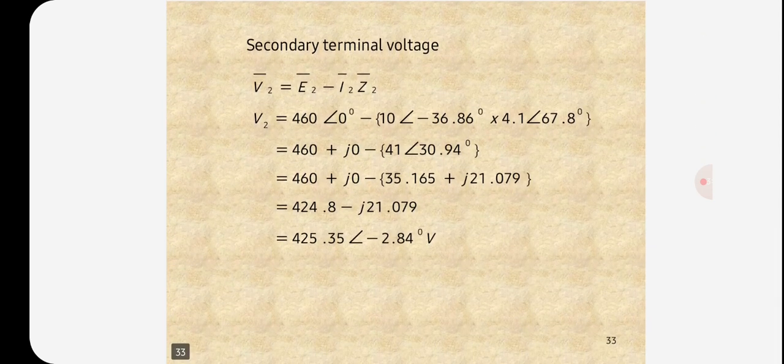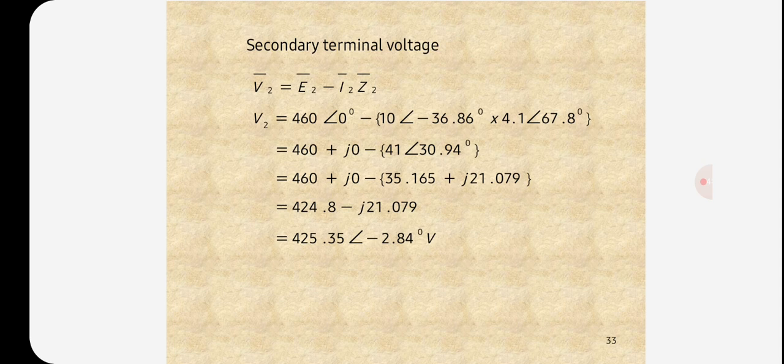And the secondary terminal voltage V2 is equal to E2 minus I2 Z02. So here V2 is equal to 460 angle of 0 degrees minus 10 angle of minus 36.86 into 4.1 angle of 67.8 degrees. So that is 460 plus j of 0 minus 41 angle of 30.94.